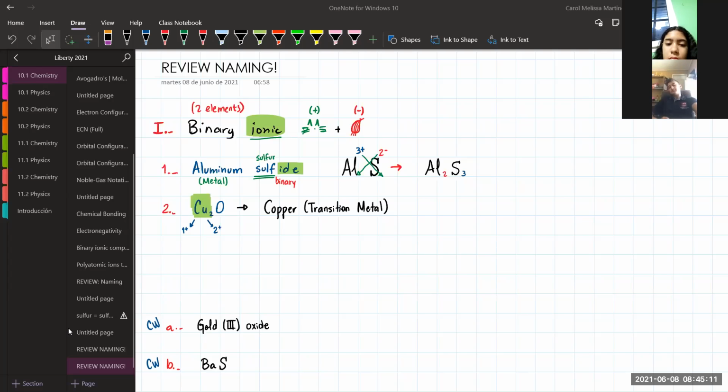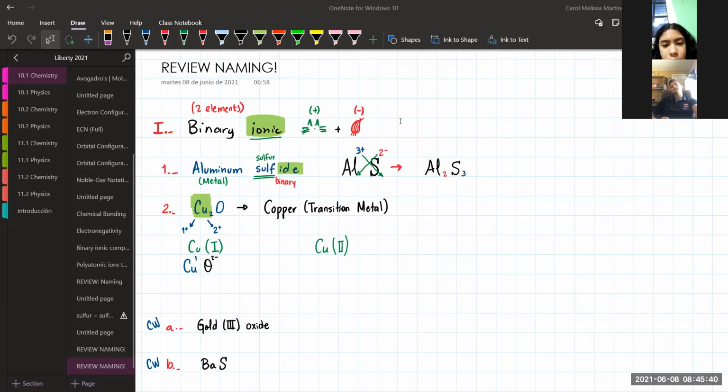So you could have copper with a charge of 1, or you can have copper with a charge of 2. If you have copper 1, what you're going to have in the end is copper combined with oxygen. Oxygen, remember, is 2 negative.